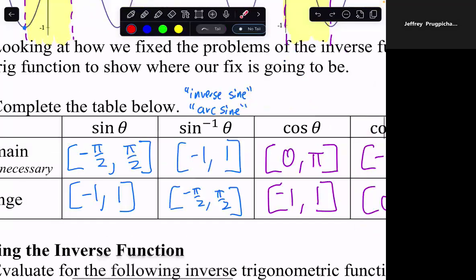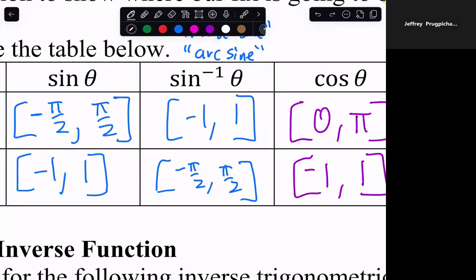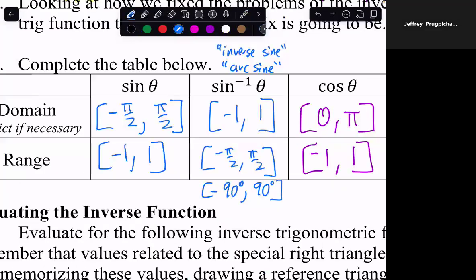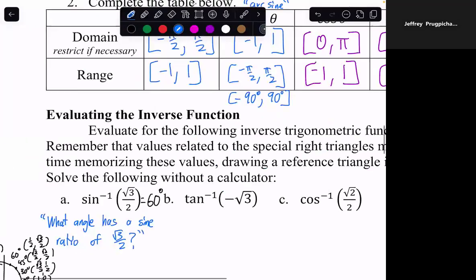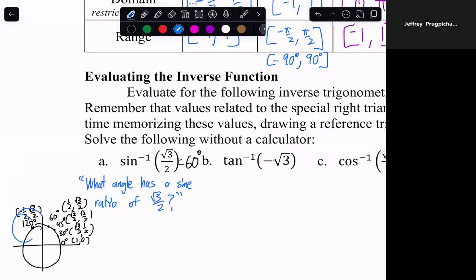This is in radians. If you want to convert this to degrees, it'd be negative 90 degrees to positive 90 degrees. So you're not allowed to output 120 degrees because it's not between negative 90 and positive 90. The whole point of domain restrictions is so that we only have one correct answer.